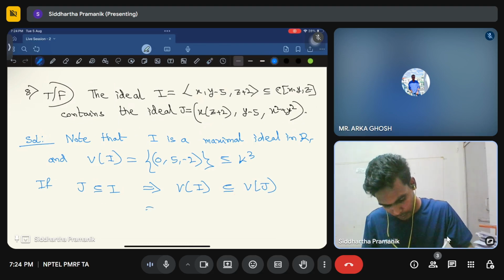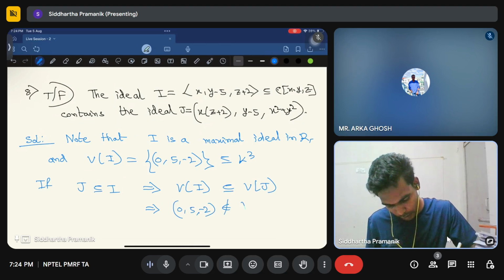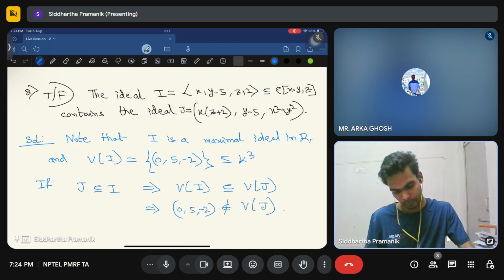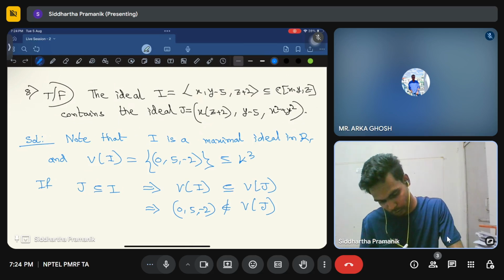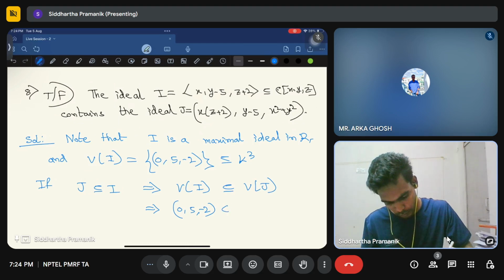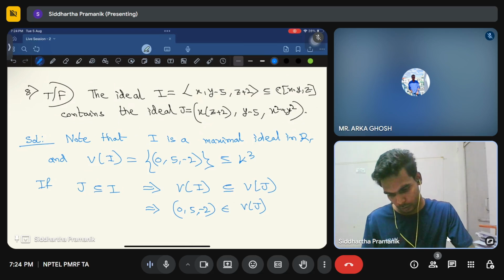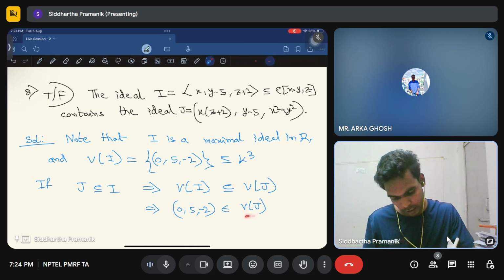That will imply the point (0, 5, minus 2) must be in the variety of J. So all elements of J have to vanish at this point.